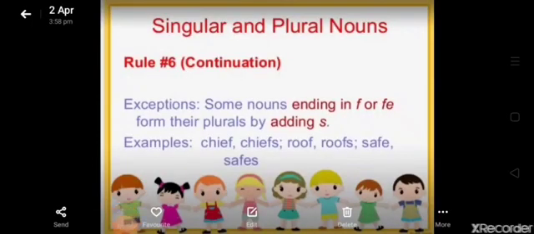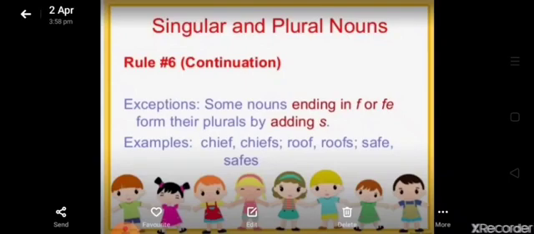Now some exceptions are also in this same rule number 6. Some nouns ending in f or fe form their plurals by adding s. Why? Because it ends with f, but before f there is a vowel. So examples are chief, chiefs, roof, roofs, safe, safes.